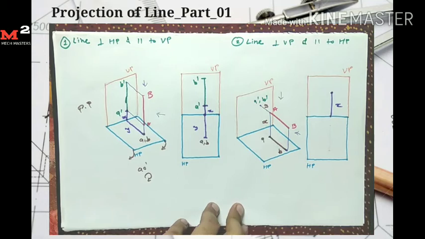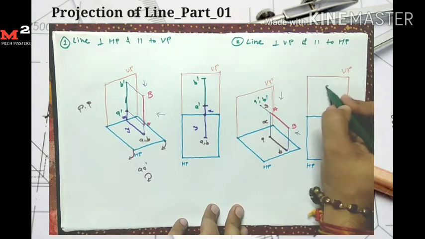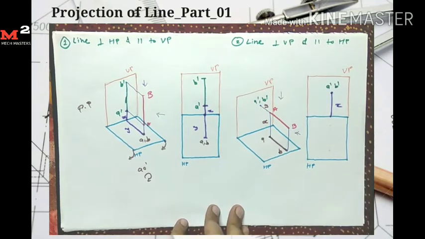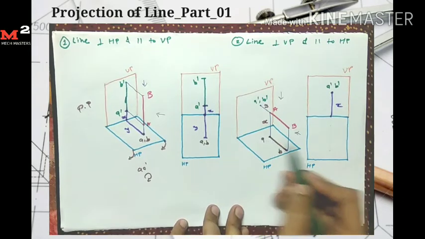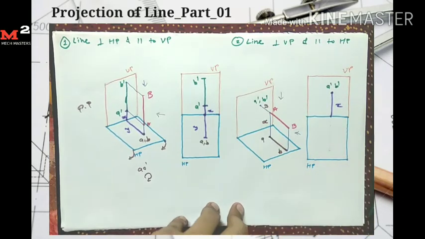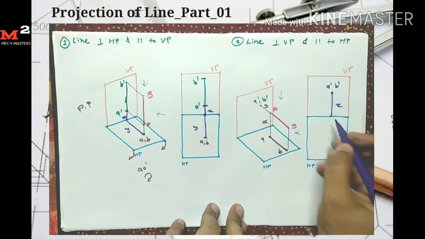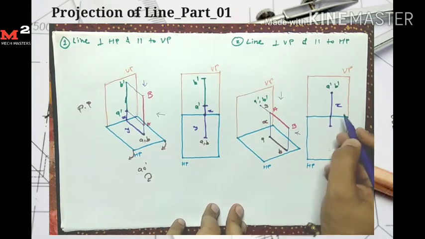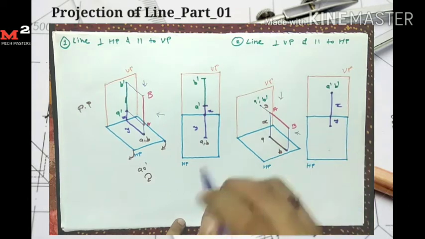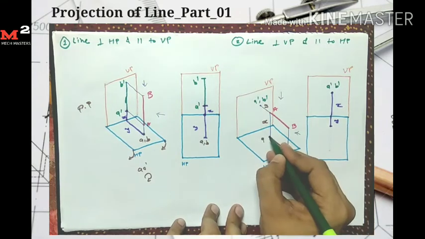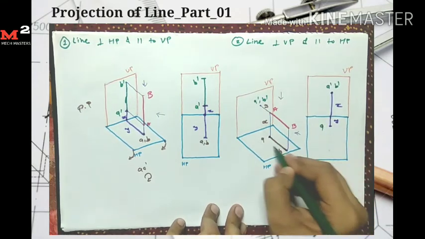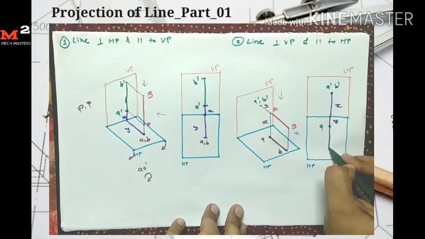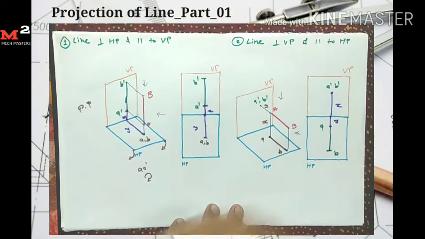This gives me the front view A dash B dash, front view of the line AB. Now draw the top view. I measure the distance y mm at here because point is y mm in front of VP, and mark the point, so I get my point A at here. Now taking the true length at here, I mark the point B.